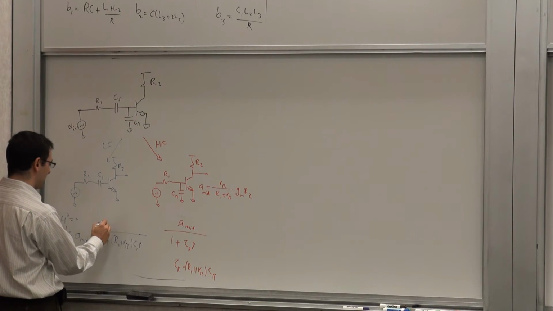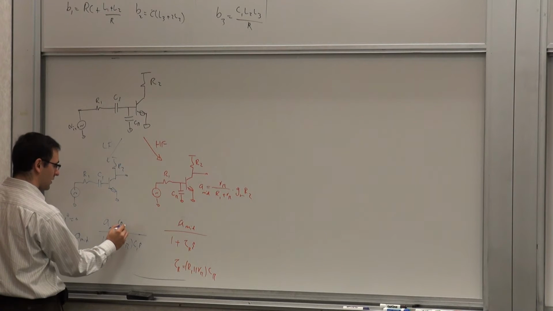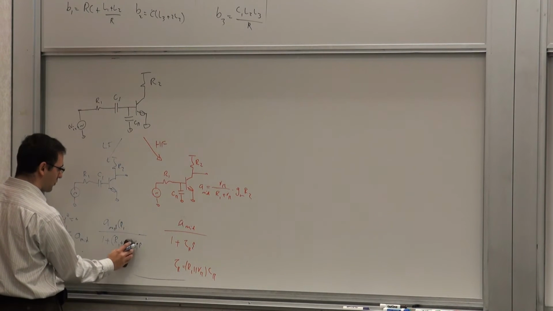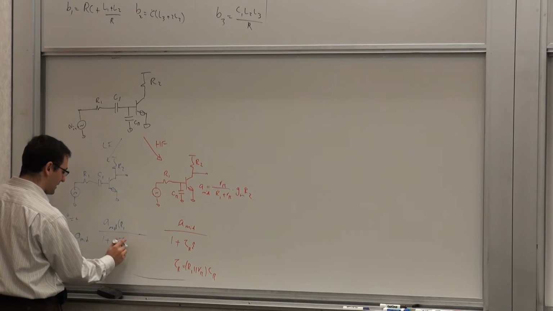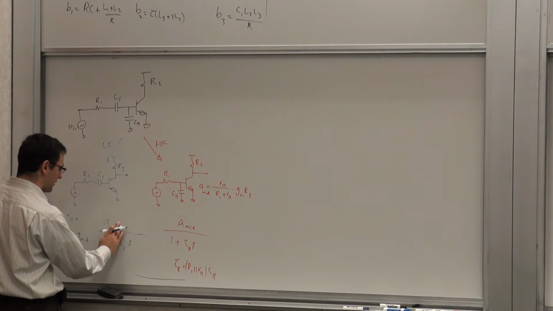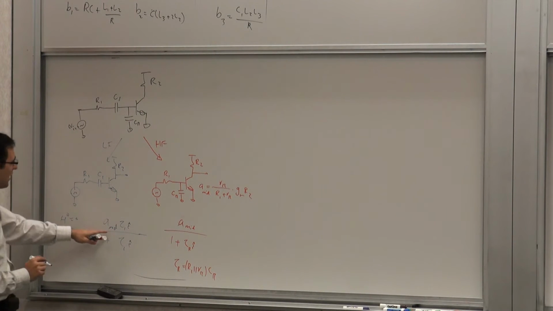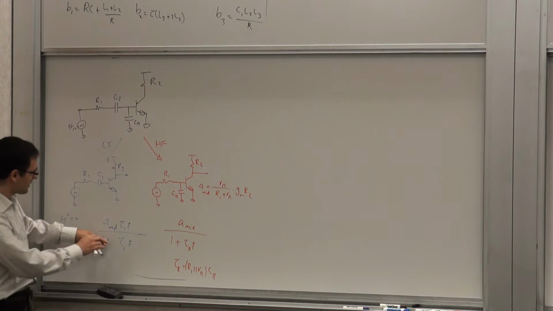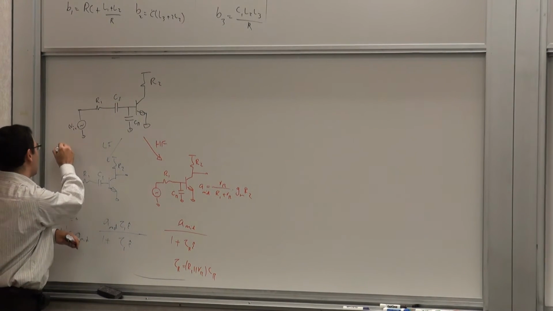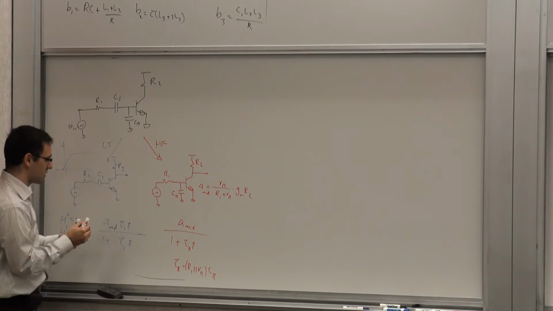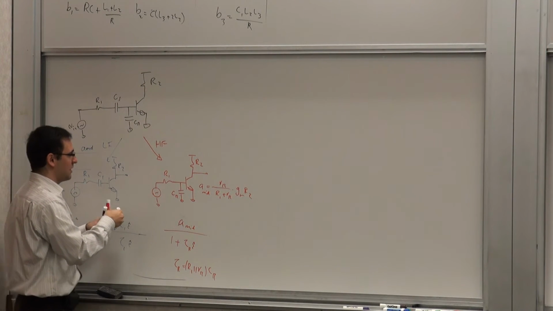So I get basically A mid times tau pi prime, or tau 1s, and this becomes A mid times tau 1s. See, I have a pole and a 0. So at high frequencies, this term doesn't matter, these two cancel, I get A mid. This gives me the high pass part of the response. This gives me the low pass part of the response.